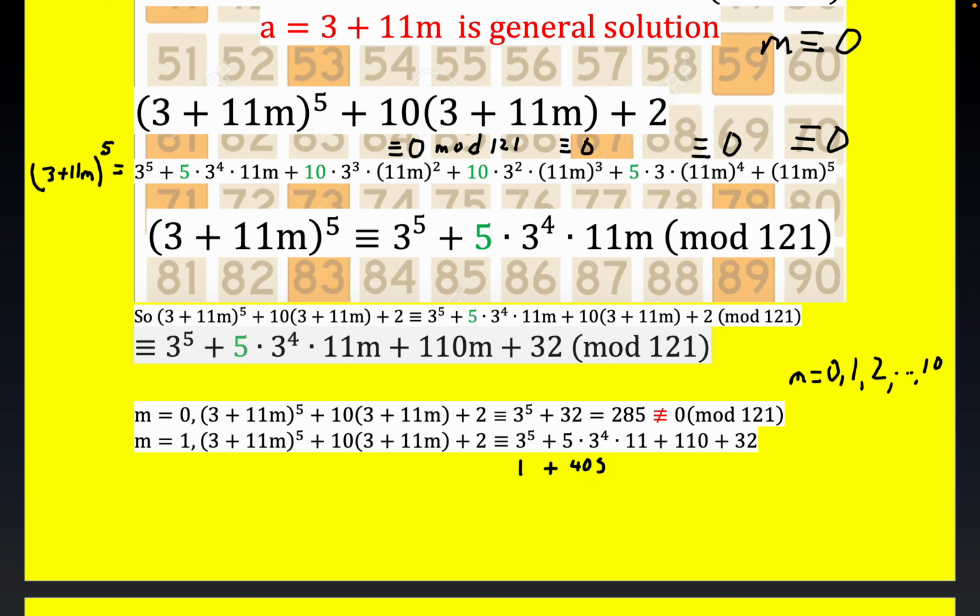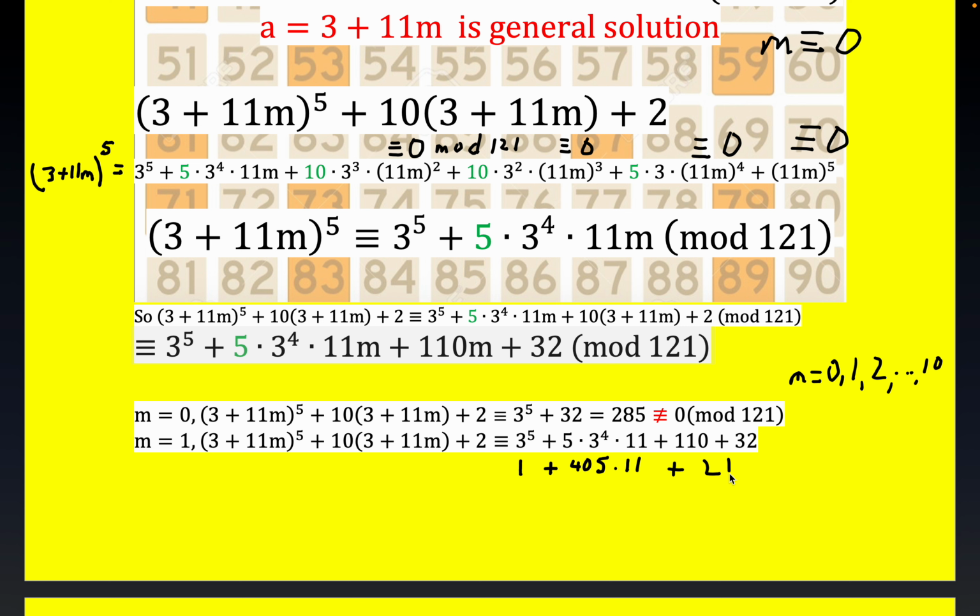Okay, and then times 11. Now you see these numbers are still pretty big, right? Now 110 plus 32 is 142, but the sum of these two numbers would be congruent to 21. Again, you guys can check that.